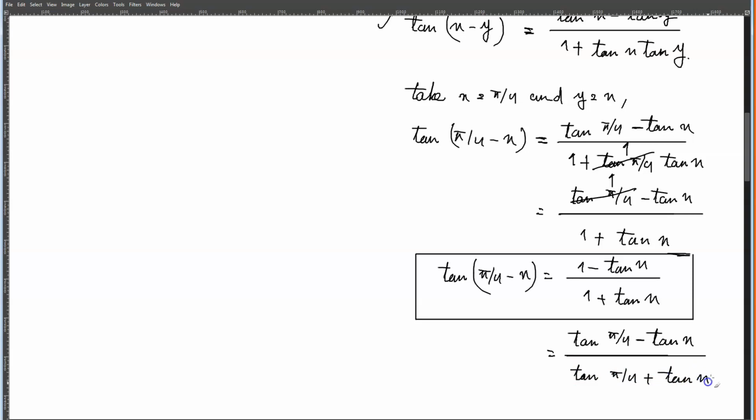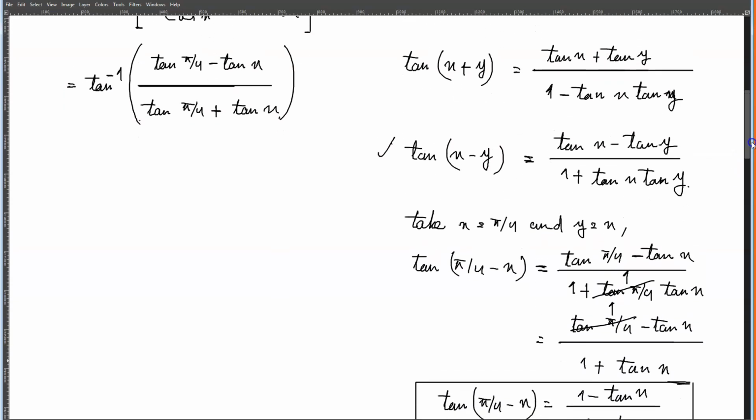That you can say as well. That is also the same thing, tan of pi by 4 minus x, right? So this I can write as tan inverse of tan of pi by 4 minus x, and that is the same thing as pi by 4 minus x. So that is the simplest form of this question.